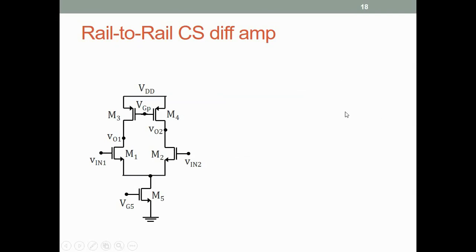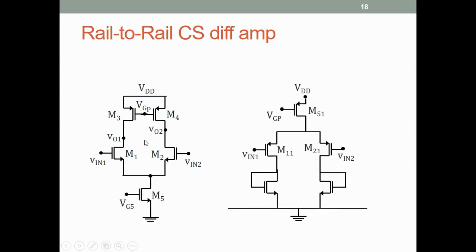A differential AC input voltage would cause a differential current that flows through the M3, M4 load transistors. Suppose we want the current due to an input AC differential voltage of M11, M21 to be added to the currents due to M1 and M2, so that these currents flow through M3, M4 also.